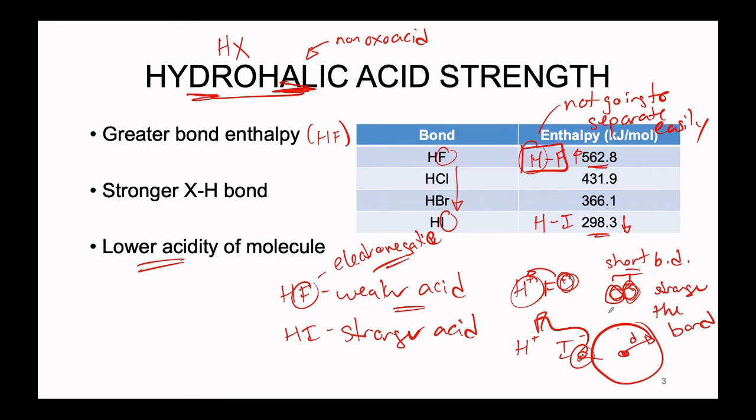Okay, so this is how we can describe the hydrohalic acid strength. And these arguments can be made for other types of non-oxo acids. If we have hydrogen directly bound to some type of atom, like H2S versus H2O, and we were going to predict which one of these two would be the greater acid, we're going to look at the size of the anion here and its partial charge to let us know whether or not the hydrogen is going to be more greatly held or more weakly held.